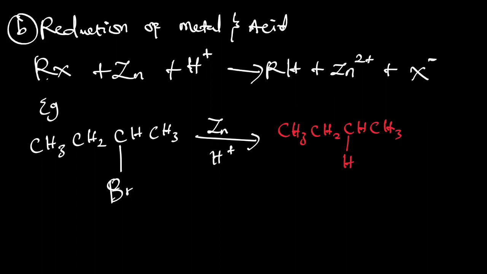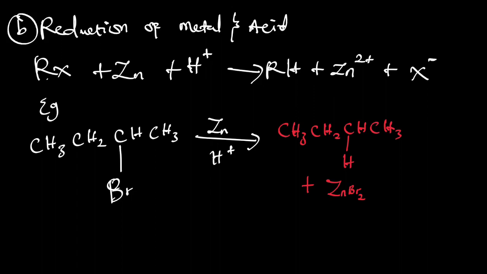Since this is forming H, the other product that we form will be ZnBr2, not just Br, but Br2, right? So that was the other product we formed. So that's that for that. Those are the methods we can use in preparation of alkane.